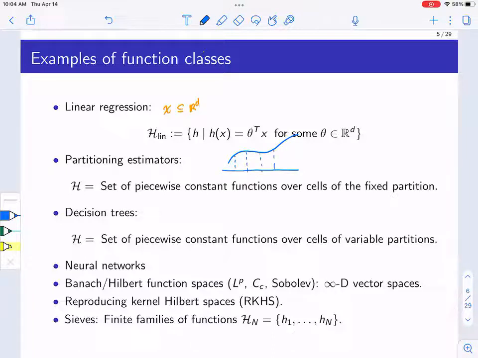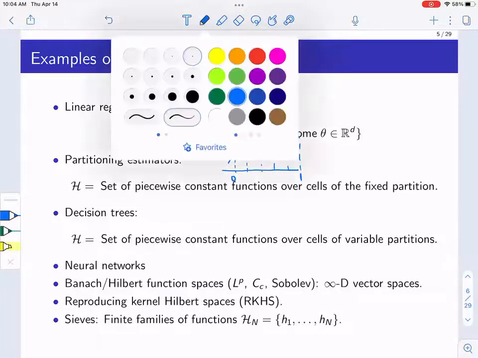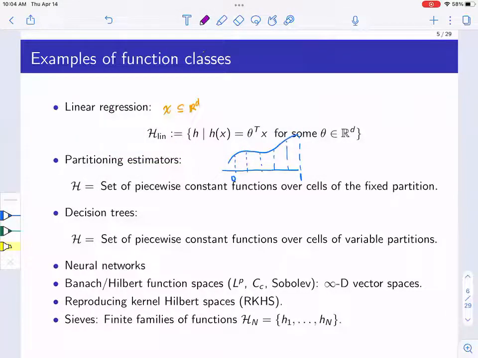What I'm doing is partitioning this space, let's say this is 0, 1, into a bunch of equally sized bins. And then I'm going to approximate the function by the average here. So that's what the partitioning estimator is going to do.